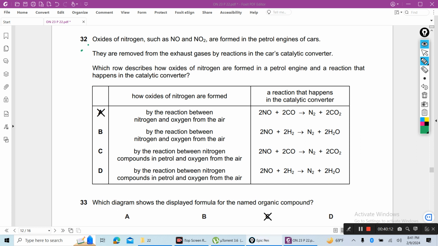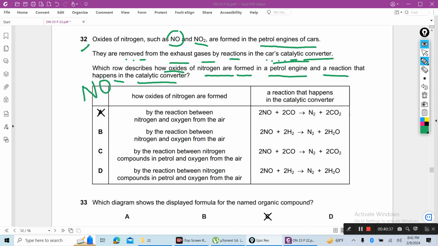Next, oxides of nitrogen, say nitrogen(II) oxide and nitrogen dioxide, are formed in the petrol engine of cars. They are removed from exhaust gases by reacting in the catalytic converter. Which row describes how oxides of nitrogen are formed in a petrol engine and a reaction that happens in the catalytic converter?